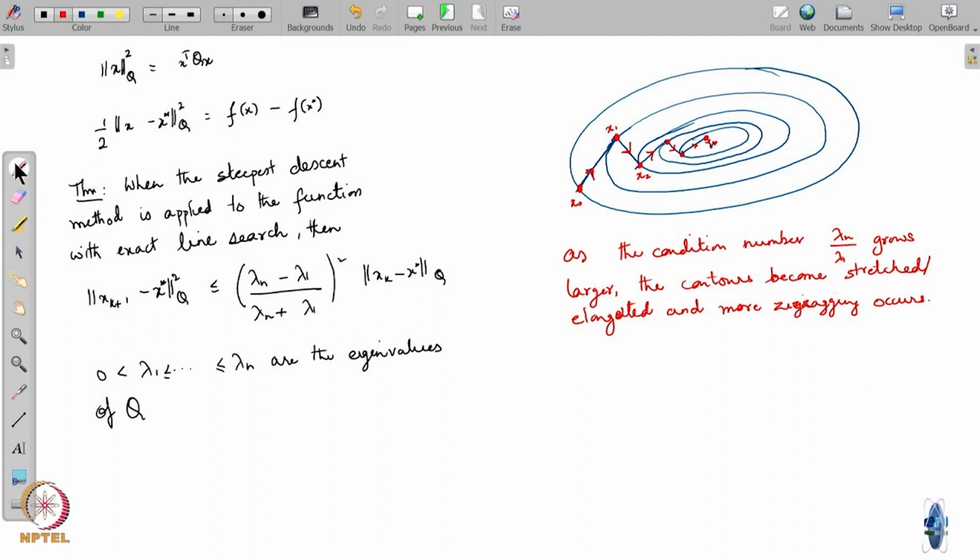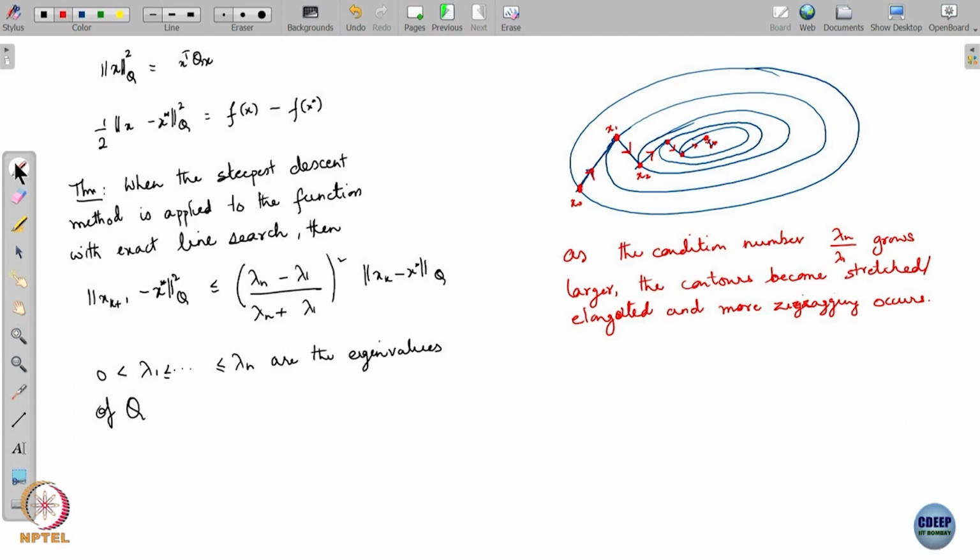If your condition number is mild, meaning close to 1, then the contours themselves would look more circular, and the first try itself will get you close to the solution. So, the actual number of iterations would probably be a little lesser.